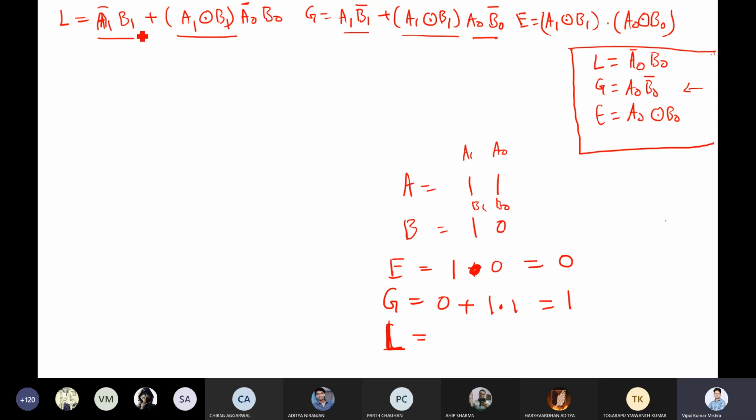A1 bar B1 will give 0, plus A1 XNOR B1 gives 1, dot A0 bar B0 will also give 0, so the final answer is 0. So this will be your output. A is greater than B.